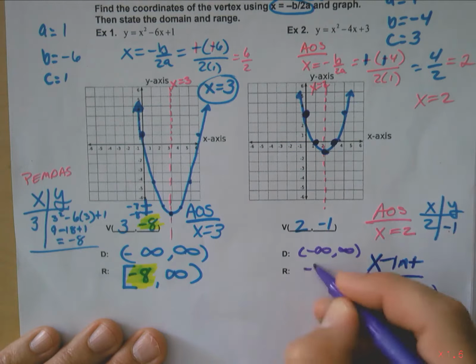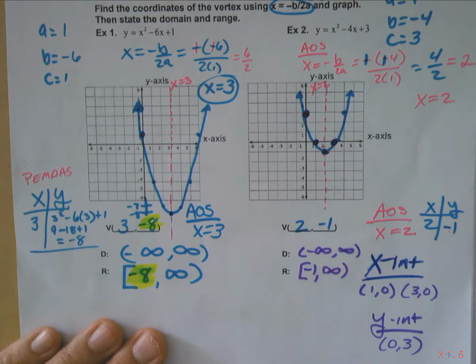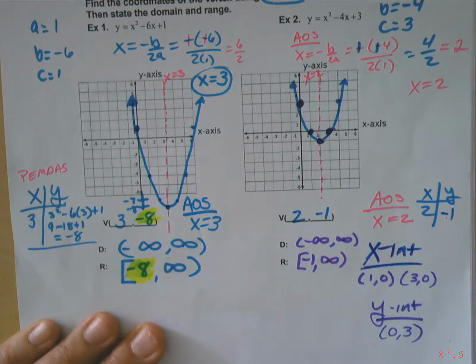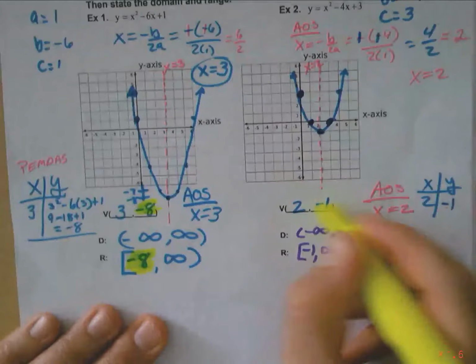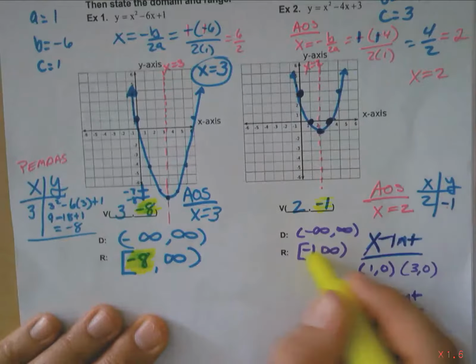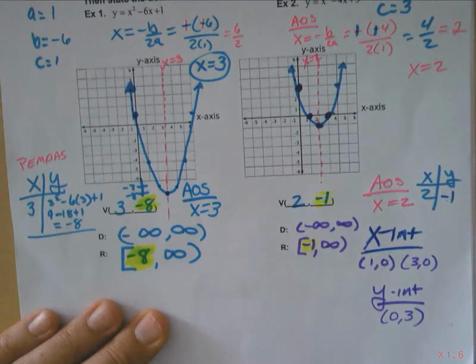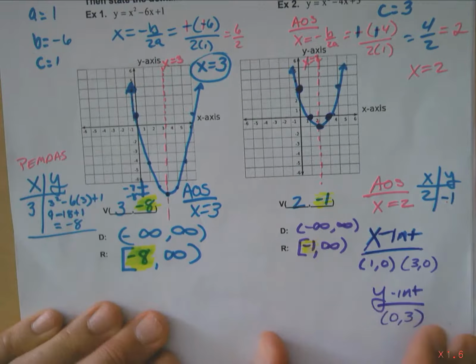Negative 1. Very good. So it goes from negative 1 all the way up, never stops, to infinity. So if they do ask domain and range, domain is all reals. Range, use the y value from your vertex. Okay? All right. Do we have any questions with 1 or 2?